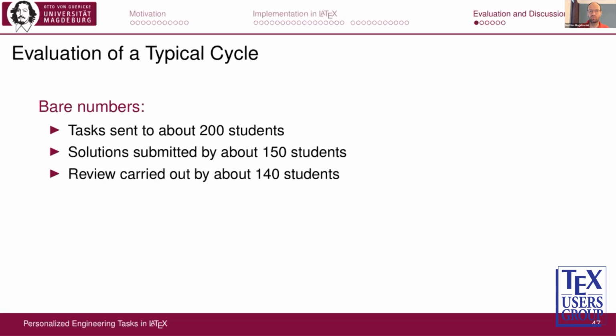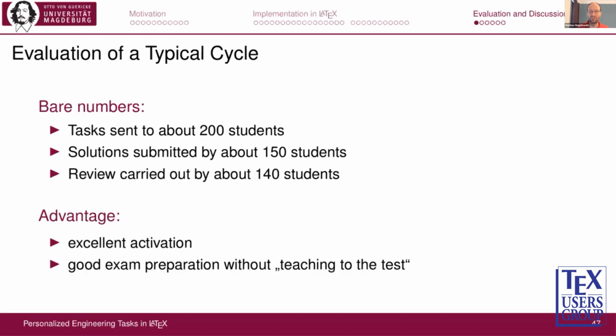They only get points for their own solution if they also do the review and submit these 2 reviews. But some always forget, so you always lose 5 to 10 students, but let's say about 140 students do the review and carry this out. And from my point of view, I don't know if you have experience with teaching at the university, these are quite good numbers.